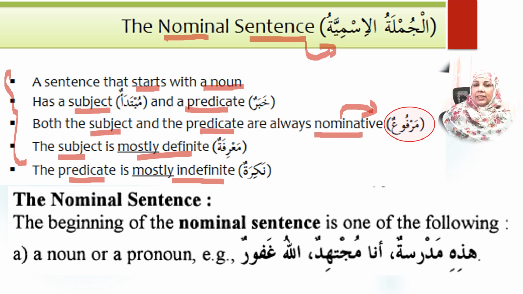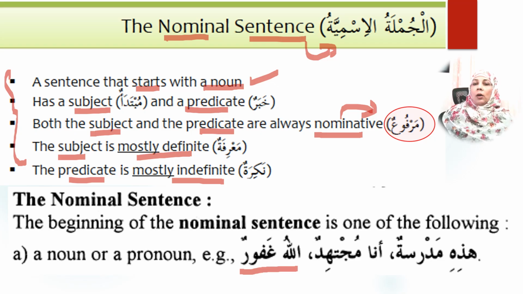We're going to go over these facts with 3 sentences as examples. The first sentence is Allahu Ghafurun. It means Allah is all forgiving. Here the sentence starts with a proper noun, Allah. The mubtada is Allahu and the khabar is Ghafurun.